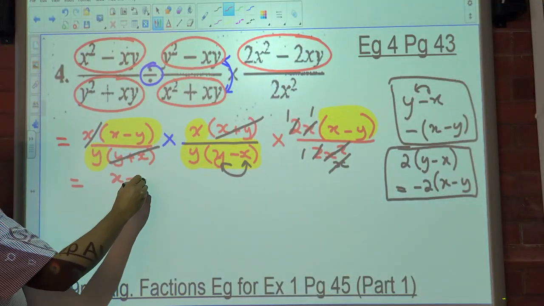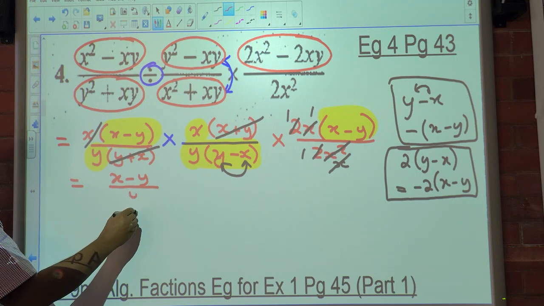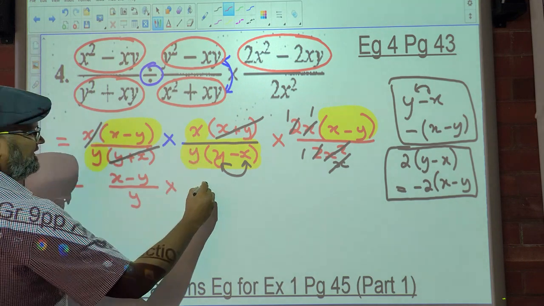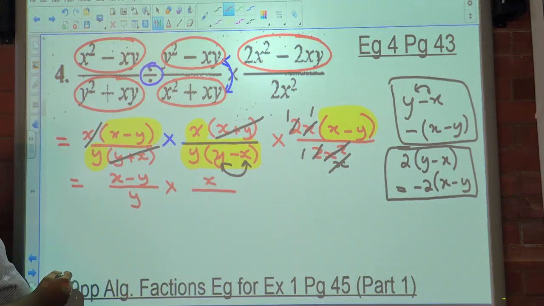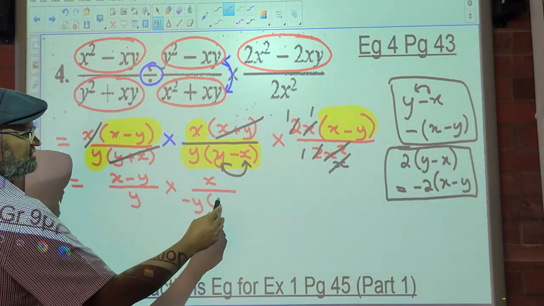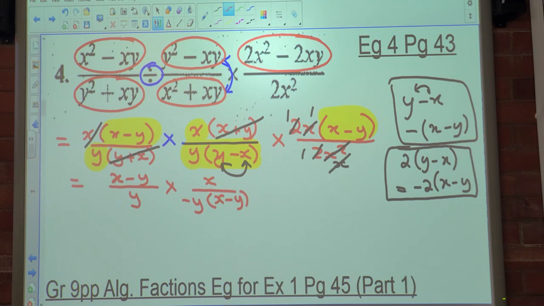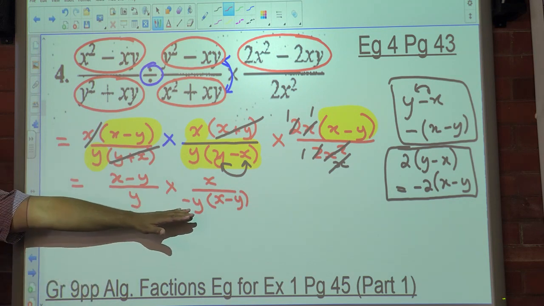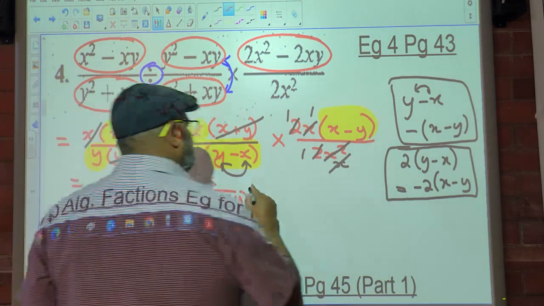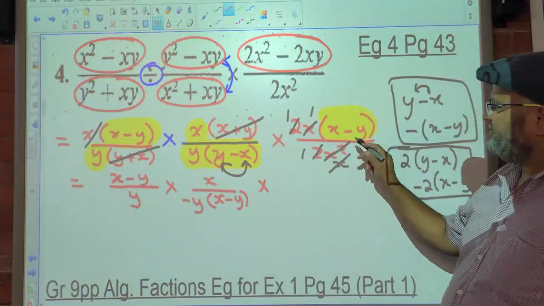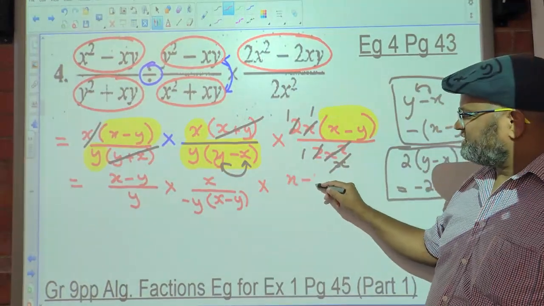So I leave it as x minus y over y times x over negative y into, there we go, x minus y. You all understand? See any confusion? No? And this must be multiplied by x minus y over.